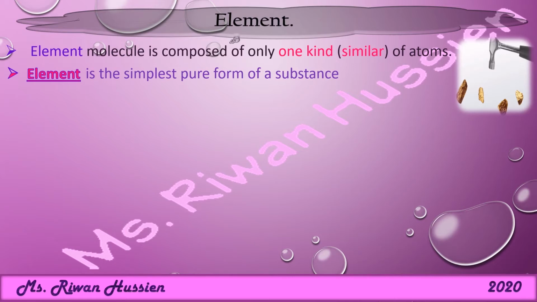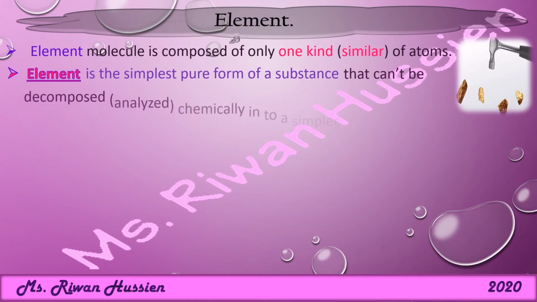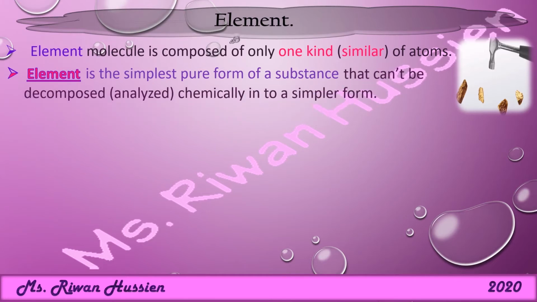So, we can say that the element cannot be decomposed or analyzed into a simpler form. So, element is the simplest pure form of a substance that cannot be decomposed or analyzed into a simpler form.